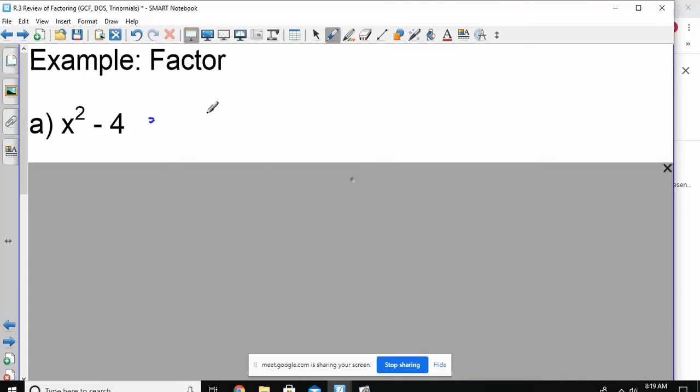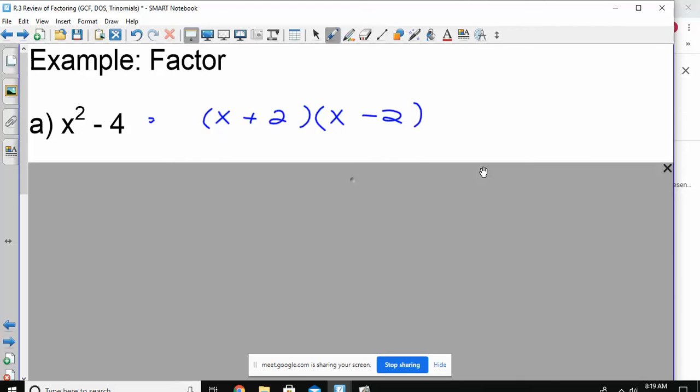It's basically going to factor into 2 identical parentheses with 1 difference. One has a plus, the other has a minus. So x squared would break into x and x. 4 would break into 2 and 2.